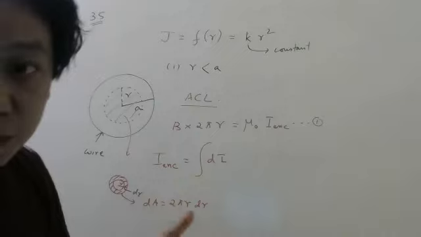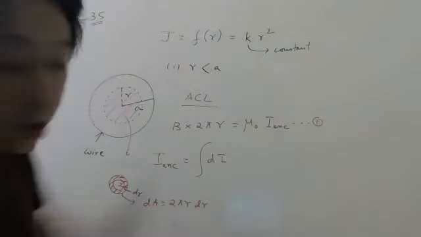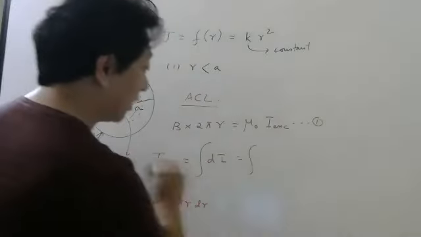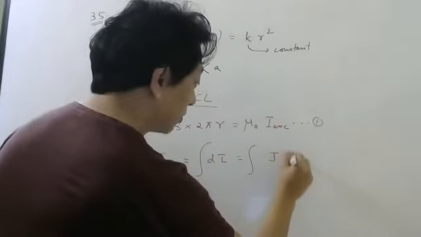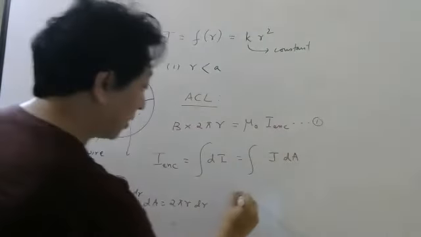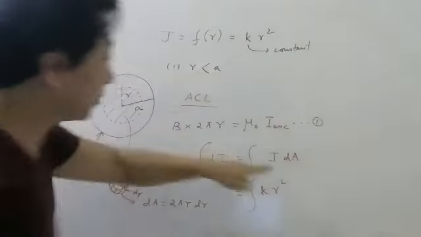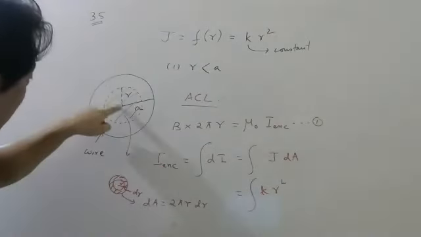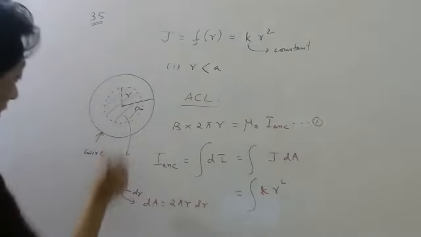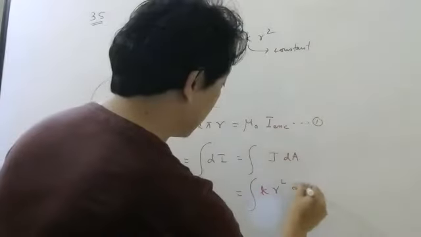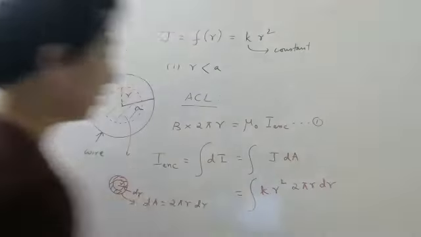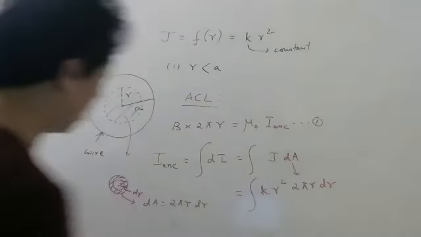That is how we should do it when current density is not constant. How to write the small current? Current density into small area. What is current density? K r square. What is the small area of this ring which is inside this part here? This is 2 pi r dr. So this is your area of a small ring here.